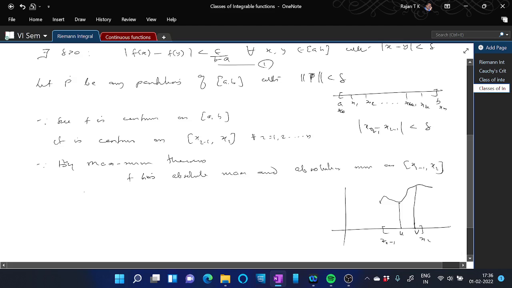So there exist actually points ui and vi in [x(i-1), xi] such that f(ui) is the minimum and f(vi) is the maximum on [x(i-1), xi].